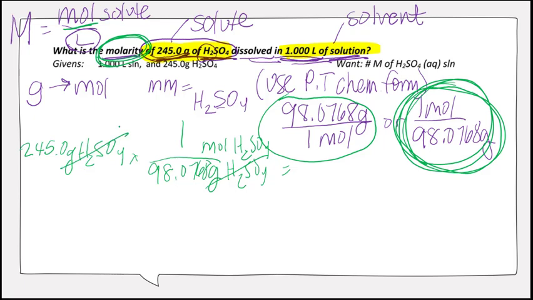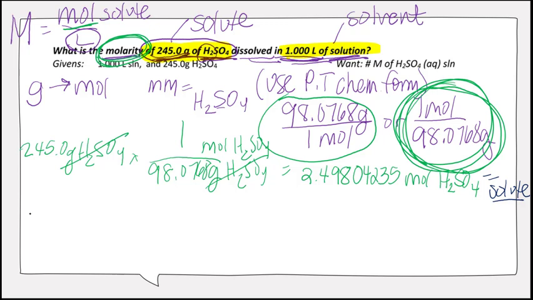So can you pause the video here and do 245 times 1 divided by 98.0768, and let's see what we get. My calculator gives me this answer, 2.49804235, and that would be moles of H2SO4, which is my solute.